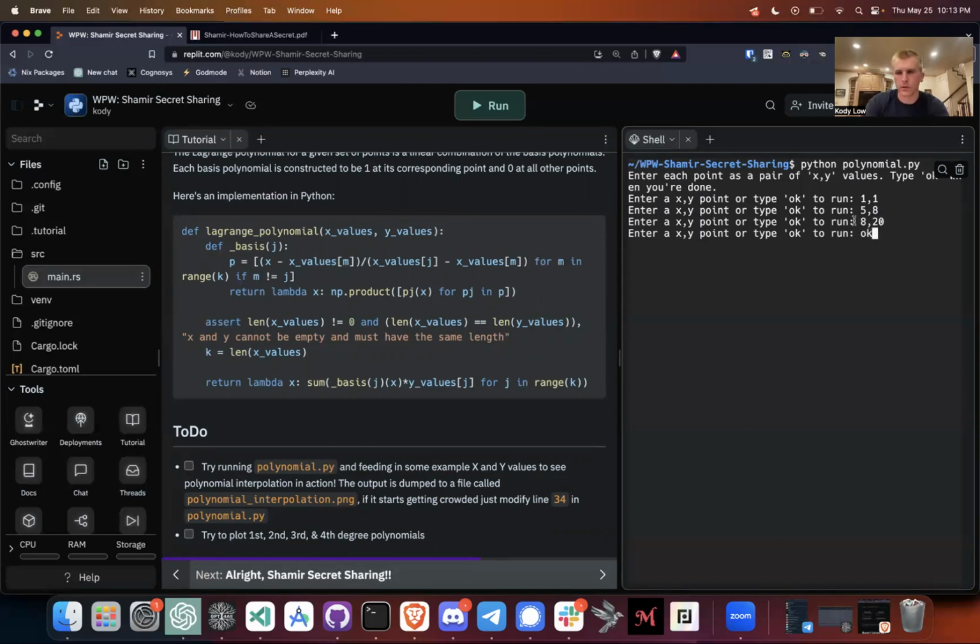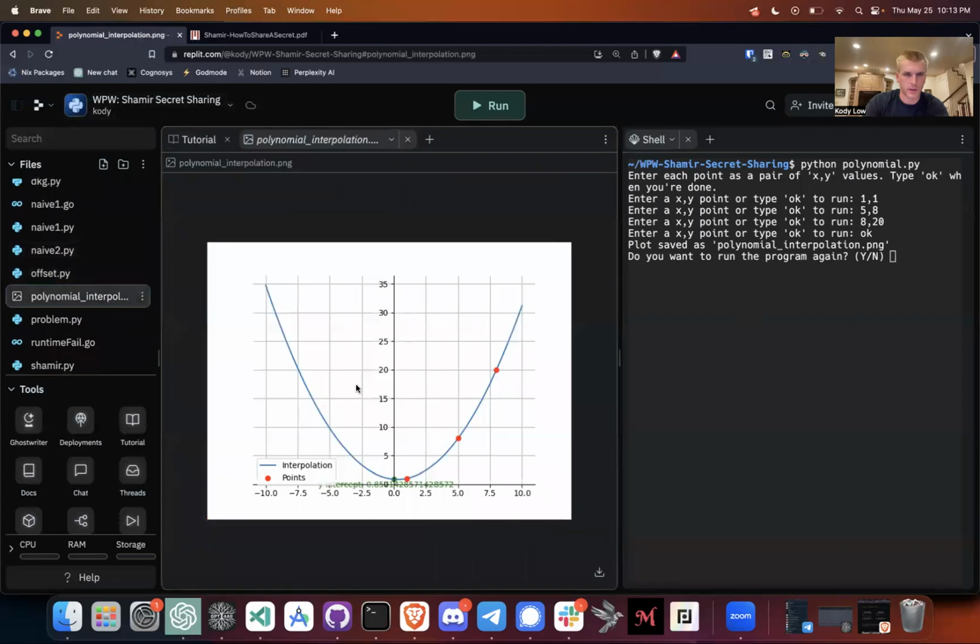Okay, right, and so there are 3 points here, and with 3 points, I can define a degree 2 polynomial. And that's what we're going to see, right? And so I can go look at the thing that I just plotted, right? And we can see those are the 3 points. I did polynomial interpolation to define the only degree 2 polynomial that could possibly have gone through all 3 of those points. There's no other way to draw a degree 2 polynomial that goes through all 3 of these points, right? There's this unique one. Okay, so that's the thing you have to know about polynomial interpolation.